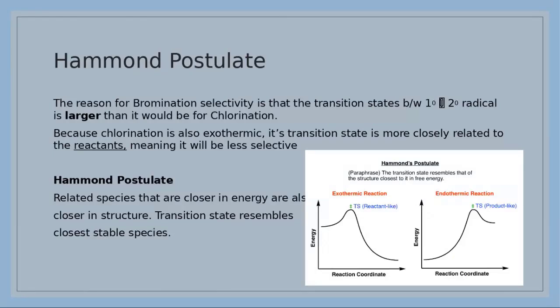Okay, now we're going to move on to the Hammond postulate. We can say the reason bromination selectivity is greater, because bromination really only gives one product, is because of the transition states between one reactant versus the other. So let's say I had a bromination product like this or this.